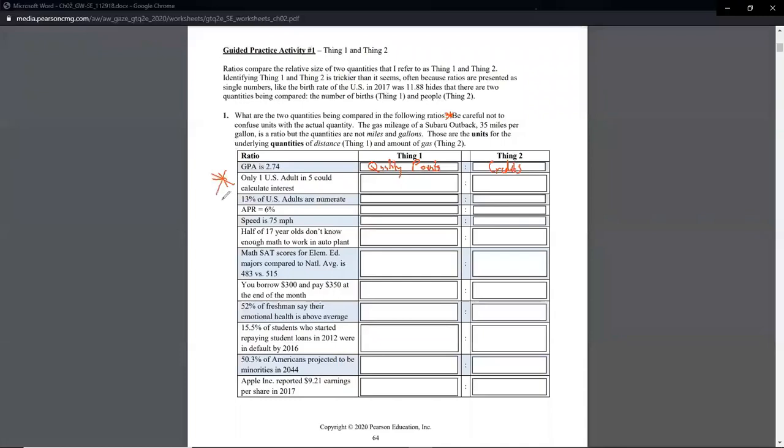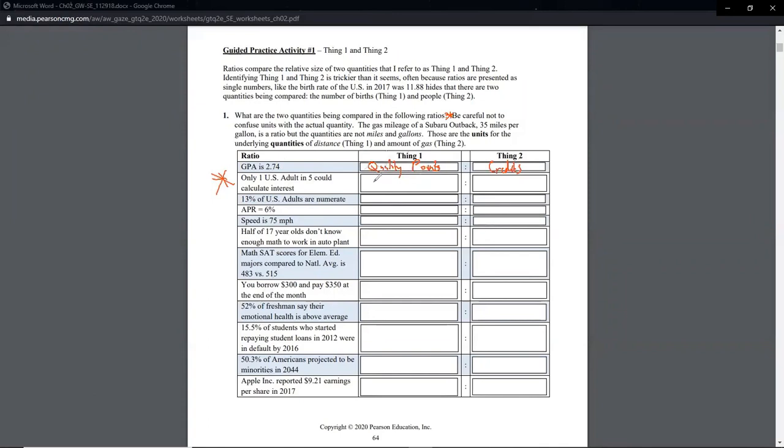Now, this problem right here is going to lead to a common theme for like half of these down here. Only one US adult in 5 could calculate interest. This is not saying one adult to 4 adults, so 1 can and 4 can't. This is not a thing one is those who can and thing two those who can't.